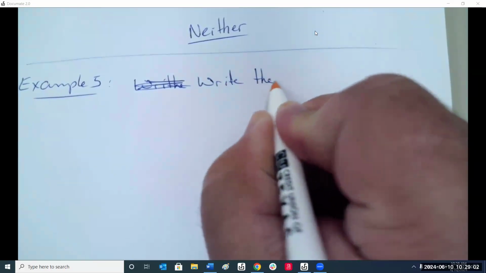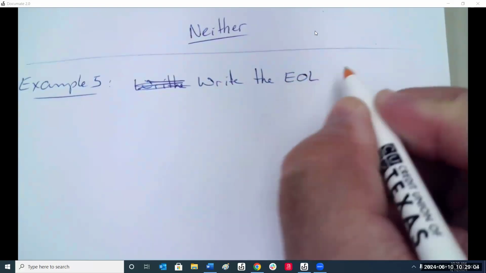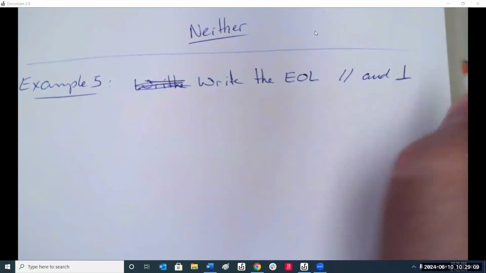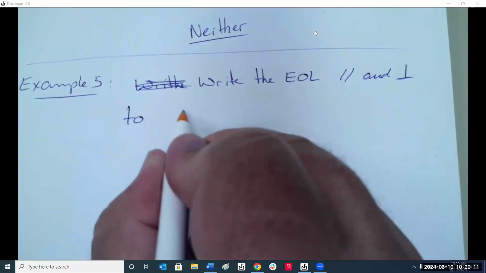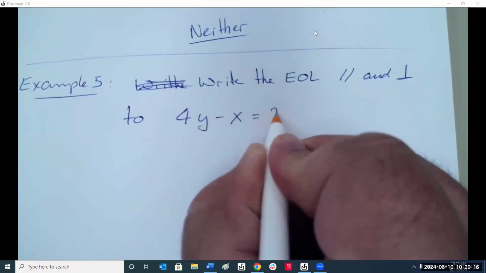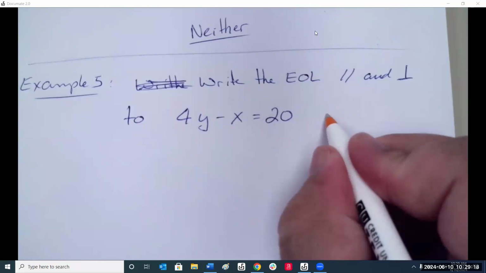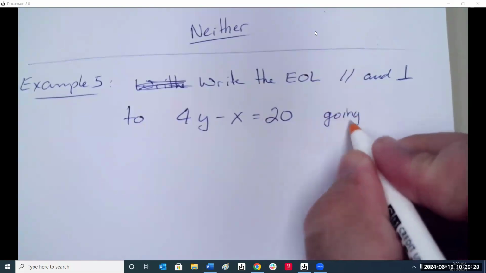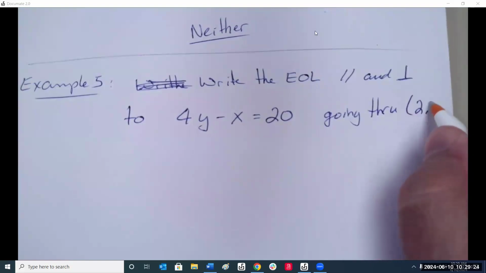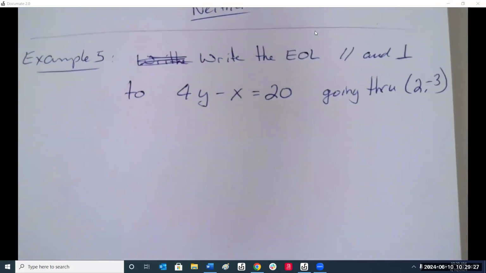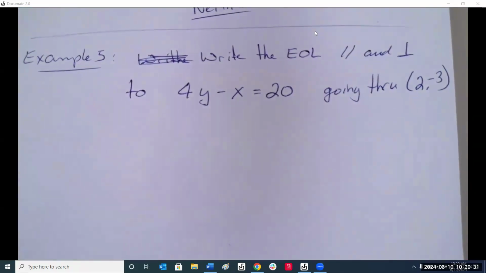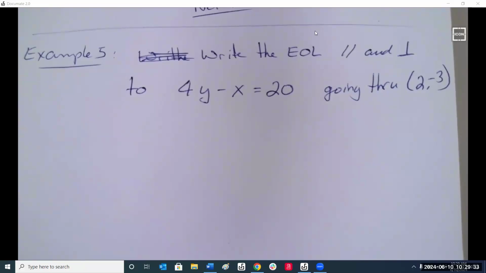Write the equation of the line parallel and perpendicular to the line 4y minus x equals 20, going through the point 2, negative 3. I'll give you all a few minutes to work on this.